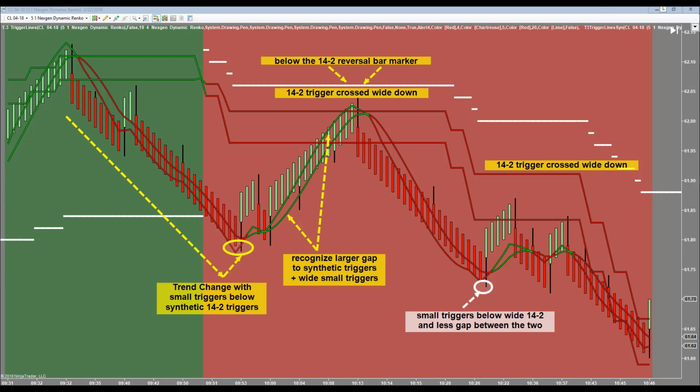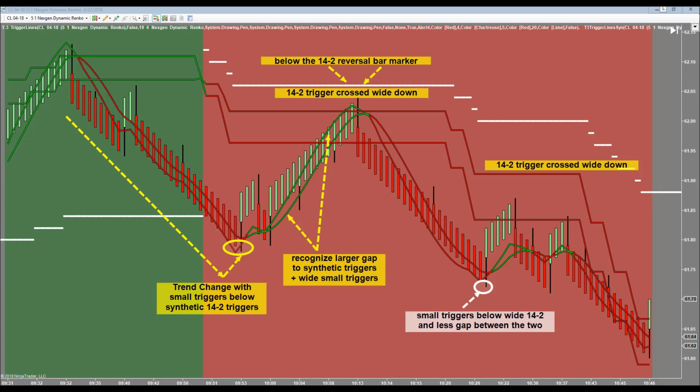In this picture, you'll see the exact same thing. However, there's one subtle difference. When the trend changes to the downside, there's a large gap between the synthetic triggers and price and small triggers. Typically, this happens after a strong trend change.